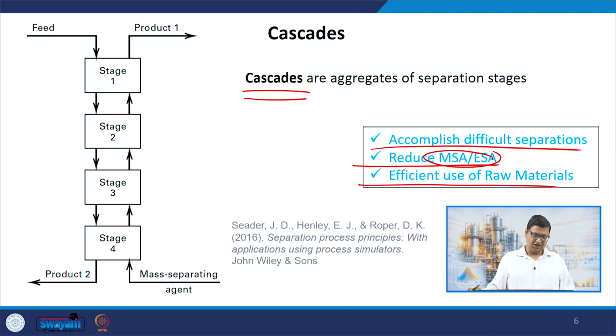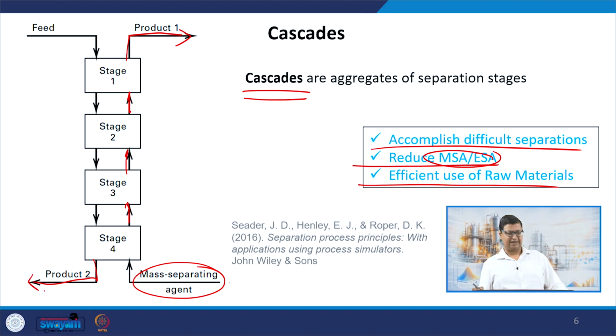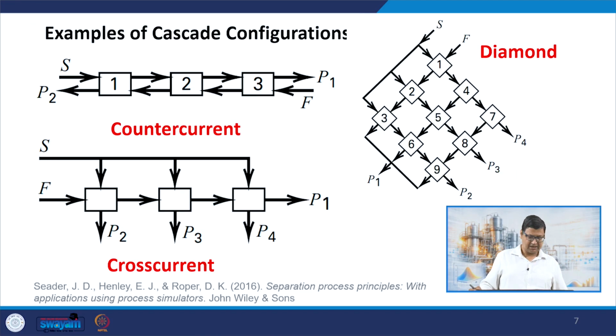Right. So what I am showing here is an example of a counter current cascade, where the feed comes from the top and passes through these 4 stages. The mass separating agent flows in the reverse manner like this, and one product is collected from the top and one from the bottom. It's a counter current cascade.